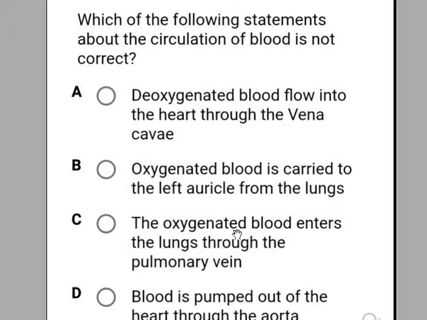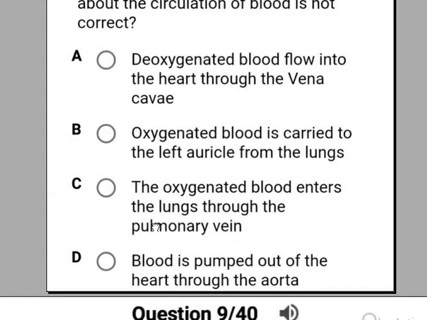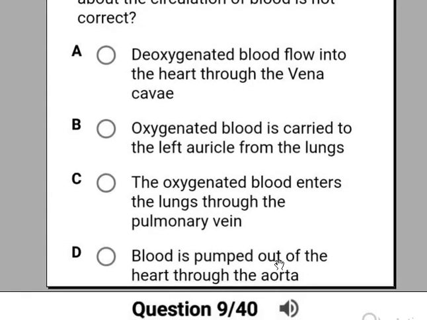C. Oxygenated blood enters the lung through the pulmonary vein. D. The blood is pumped out of the heart through the aorta. So the best option, or the correct option here, is option C. Why? Because oxygenated blood does not enter the lungs through the pulmonary vein.